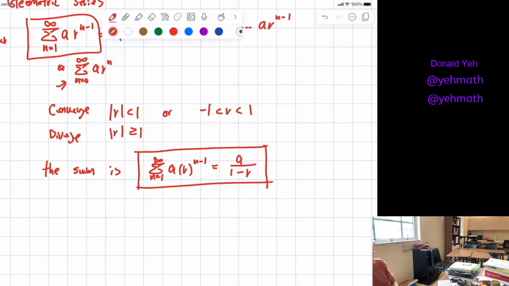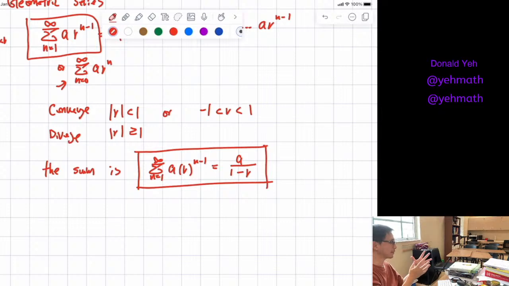Okay, so imagine that you're eating one pizza a day. That's going to be infinite pizza, assuming that you live forever. It's not going to be finite. You're going to keep eating pizza. Now, let's say r is less than 1, let's say you're eating half as much as the day before.